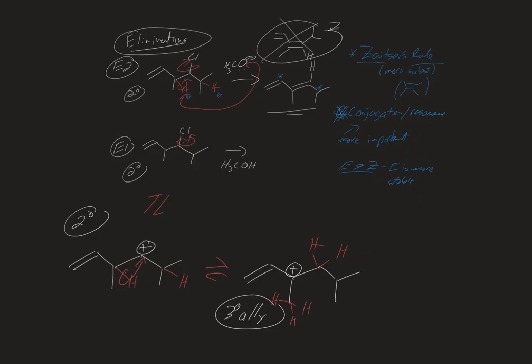If that's true, then I want the more substituted one, and this would give me the more substituted one. So that's going to fall off, and you're actually going to get the exact same product, but from a different mechanism, plus H+. So it's a different mechanism, but you get to the same product.